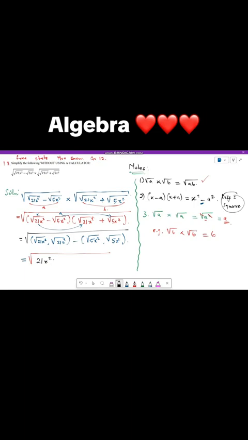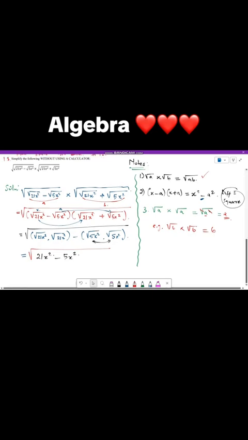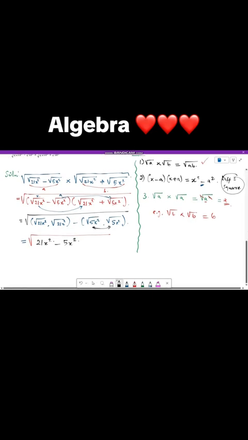Then minus: the product of these two radicals gives the inner quantity, so we'll have 5x squared. I can see that you guys are now seeing the light.